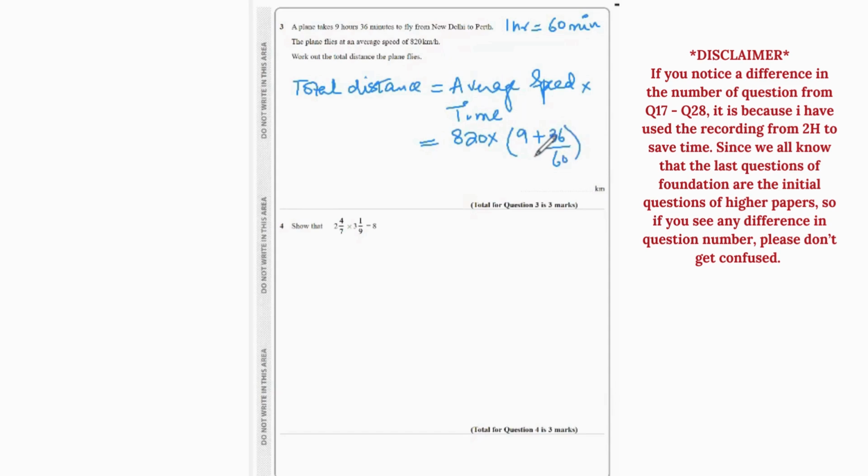We're converting the 36 minutes into hours by dividing by 60, and then we add those hours to the 9 hours. So that's basically going to give us 820 times 9.6, which equals 7,872 kilometers. That is the distance that the plane flies.